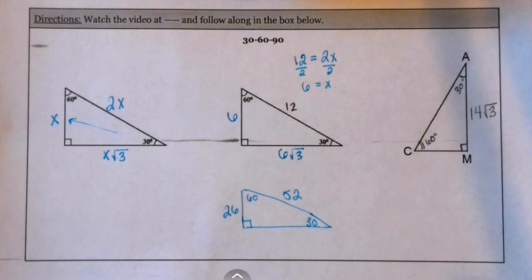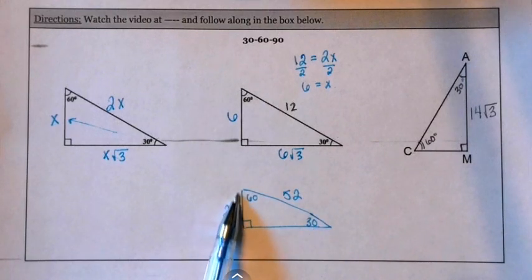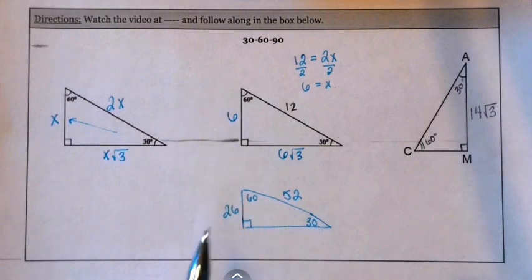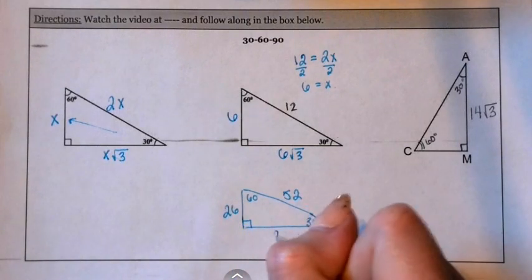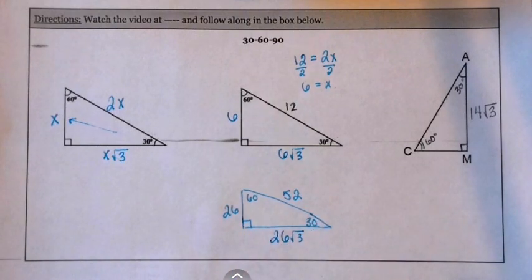And I'm done. Now I want to finish the bottom one here. If I had 52, half of that was 26. So if my shortest leg is 26, my other leg would be 26 times the square root of 3.